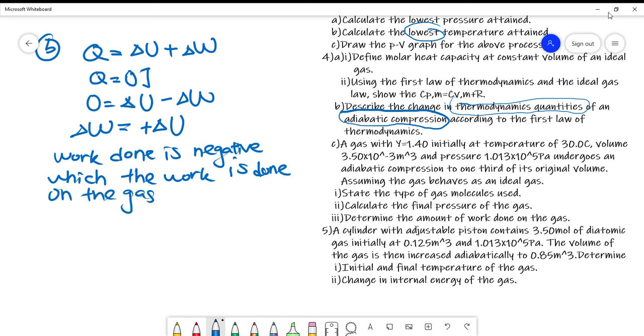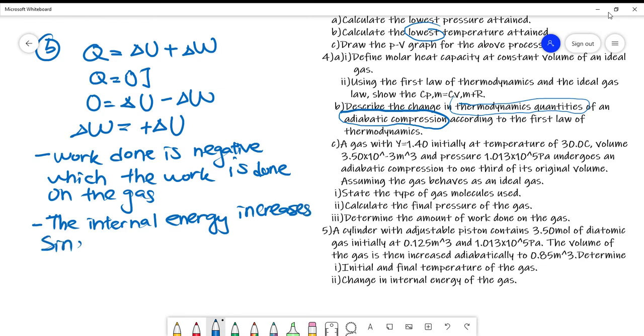As the work is done on the gas, I can conclude that the internal energy increases, since the change in internal energy is positive.